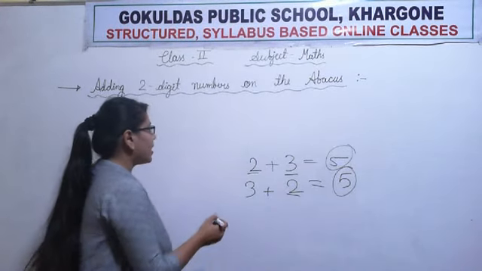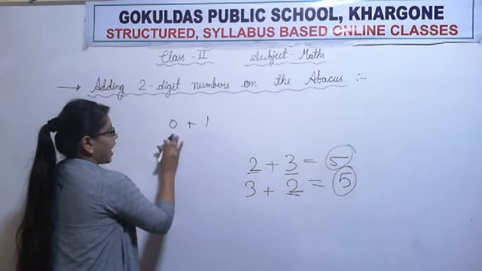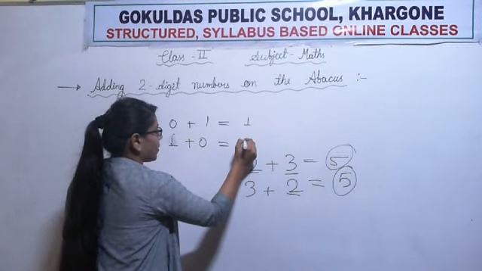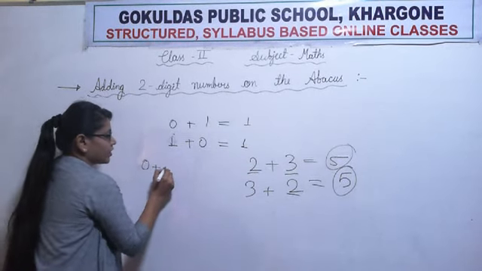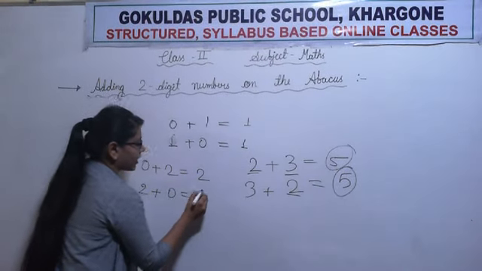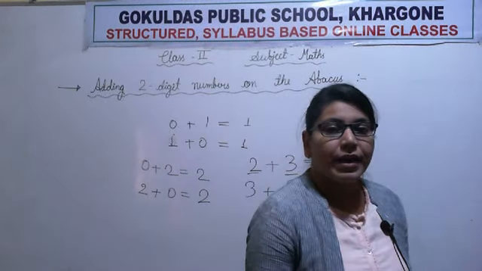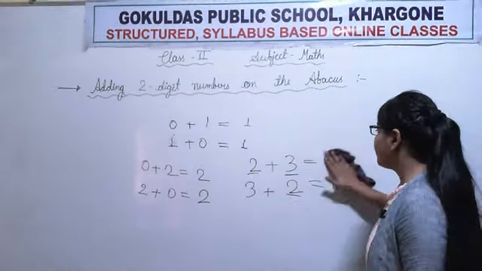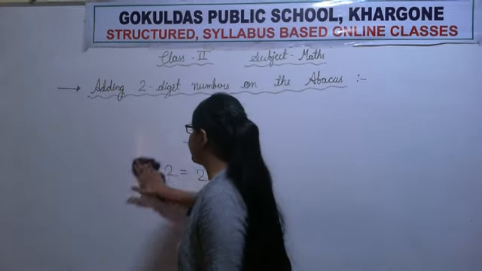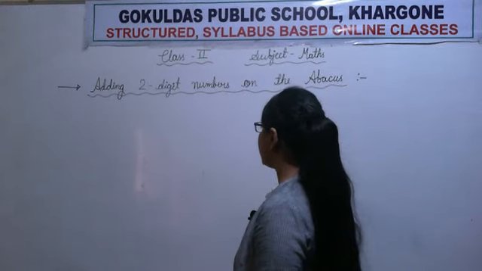Whenever a number is added to 0, or 0 is added to a number, the answer will be the number itself. So these were the two properties of addition which we have learned. We had also done some questions based on these two properties, and let us revise.